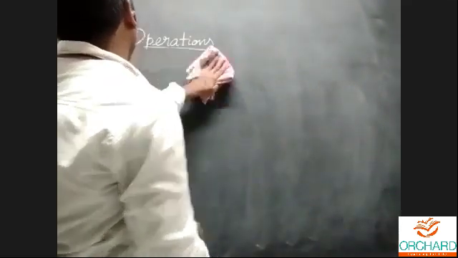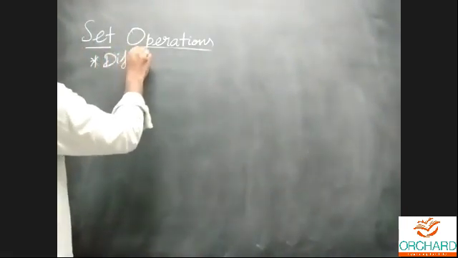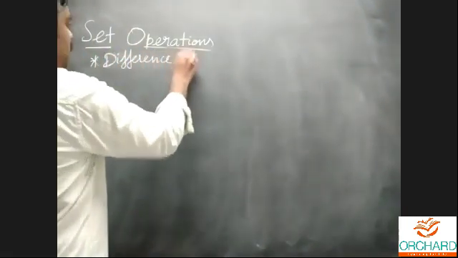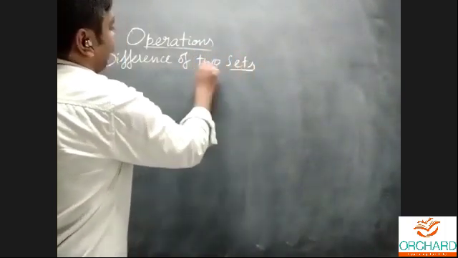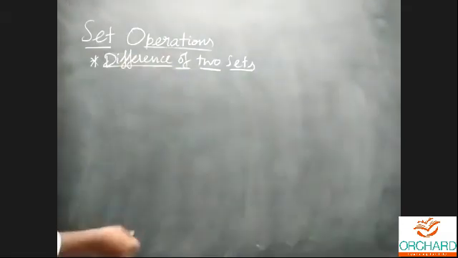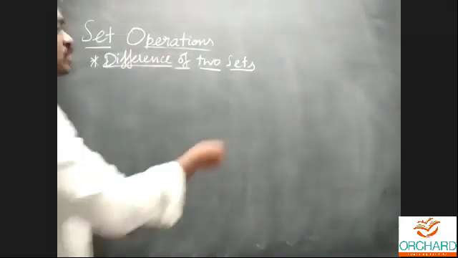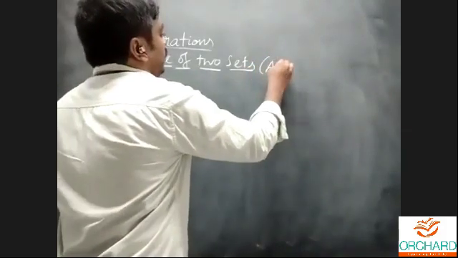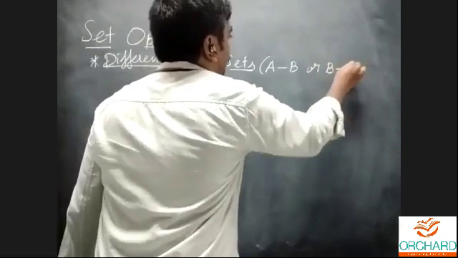Either you can call it set difference or difference of two sets. Because the union, intersection, everything is related with two sets only, and symmetric difference also is related with two sets. Difference of two sets is denoted by A difference B or B difference A.